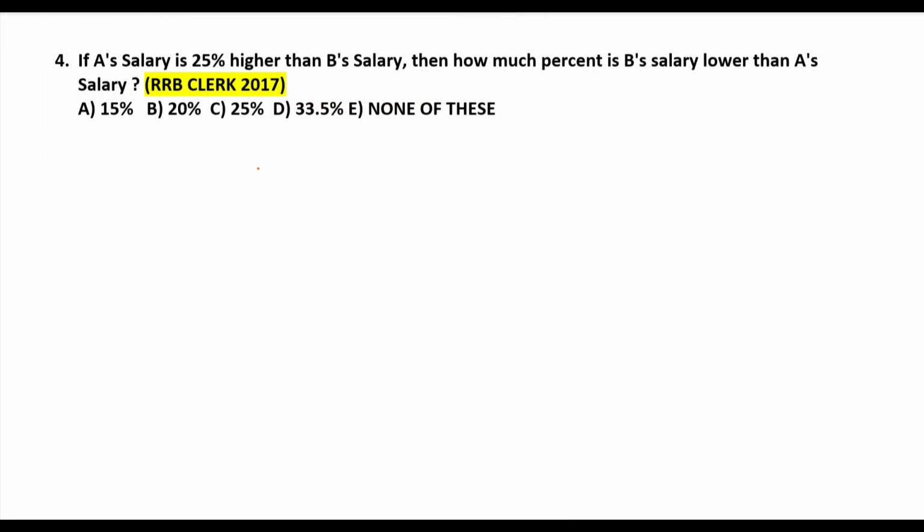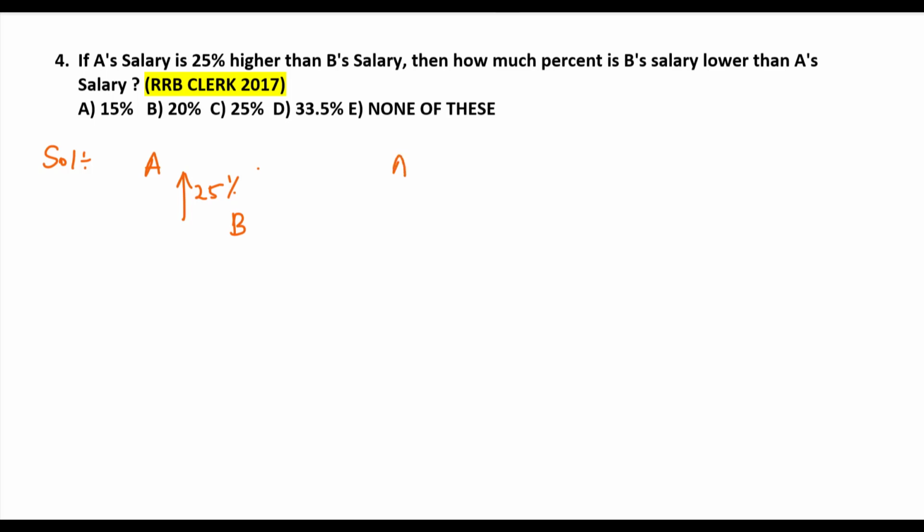So the fourth question is, if A's salary is 25% higher than B's salary, then how much percent is B's salary lower than A's salary? This question was asked in RRB clerk exam 2017. So let's solve. Here from the question we understand that A's salary is 25% higher than B's salary.